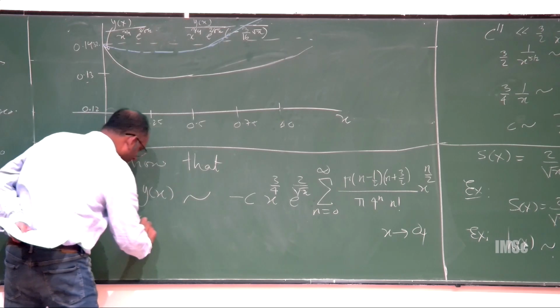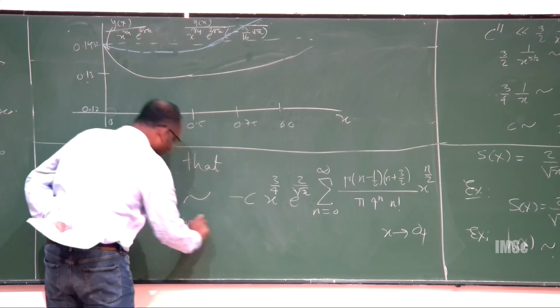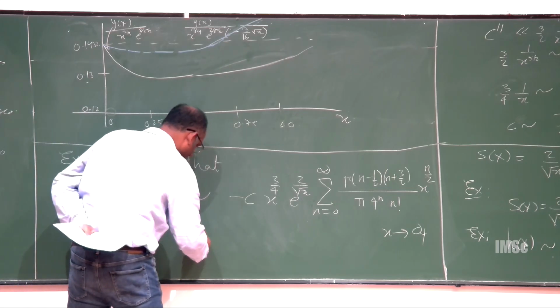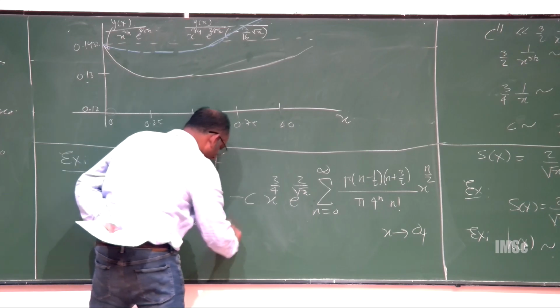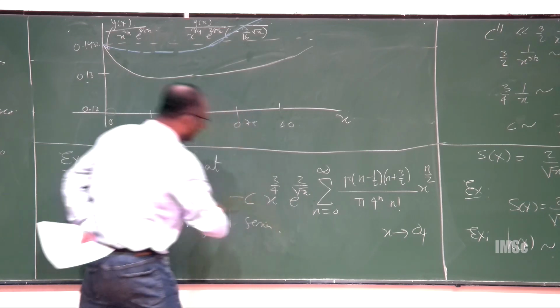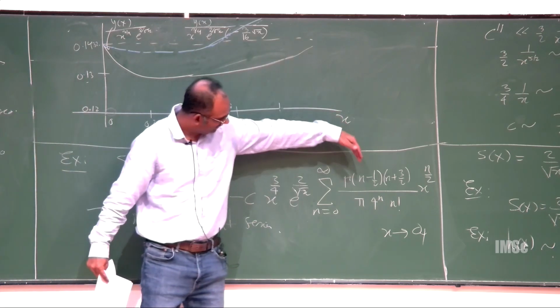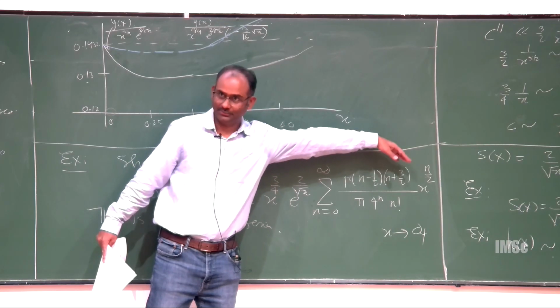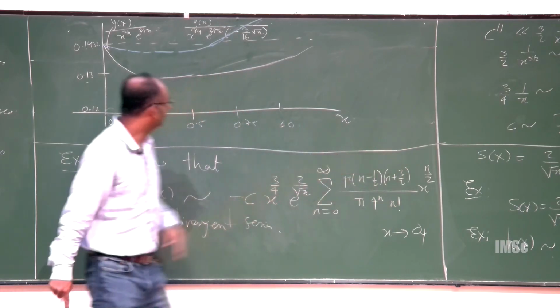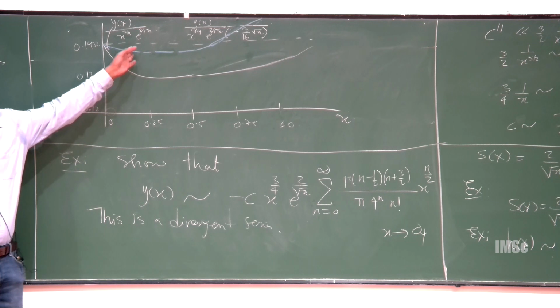So this is a divergent series, or factorially divergent series. But we do have an observation that no matter what happens, as you include higher and higher terms, at some point it was giving good estimates.